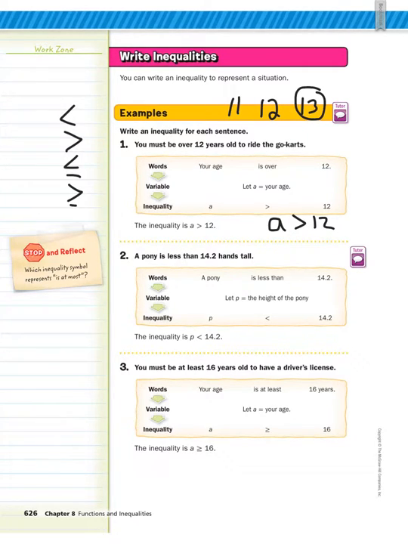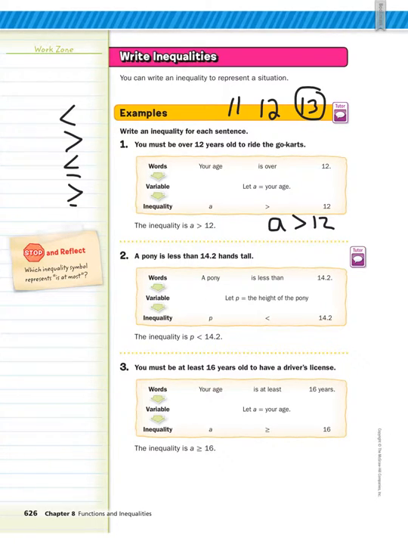So that's our inequality. Now in example 2, it says a pony is less than 14.2 hands tall. And by the way, if you're wondering, they measure ponies with really your hands. They kind of stack your hands going up the side of the pony to see how many hands tall it is. So a pony is less than 14.2 hands tall.